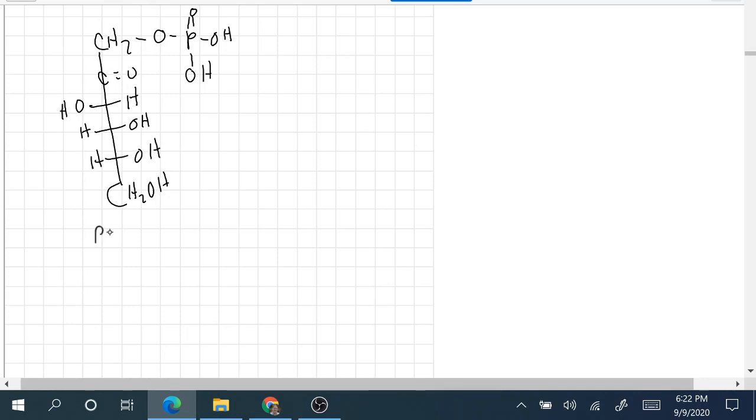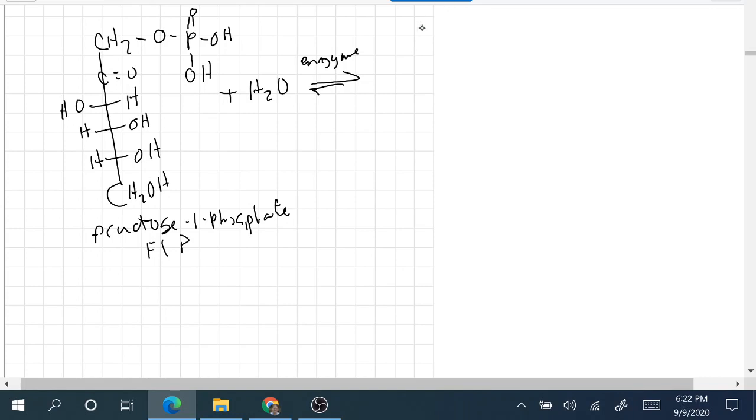Okay, so here we have fructose-1-phosphate. And we'll call that F1P for short, okay? And we're reacting that with water. It's a reversible reaction in the presence of an enzyme. We're not told what enzyme.